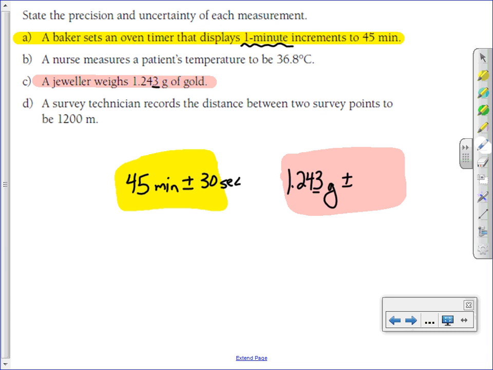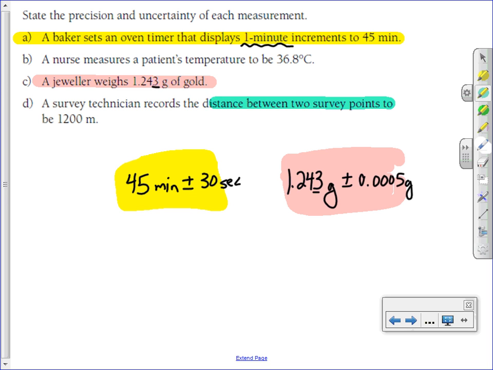Tens, hundreds, thousandths. So if I'm talking about this value, the nearest thousandth would be that. Oh, wait, we're supposed to cut that in half. So half of that would be 0.0005, and that would still be in grams. So you take the last digit of the measurement.